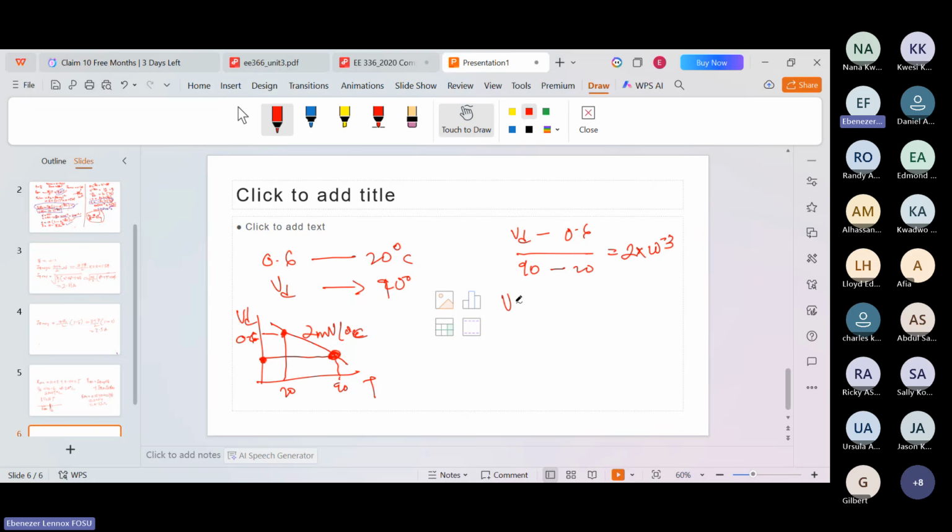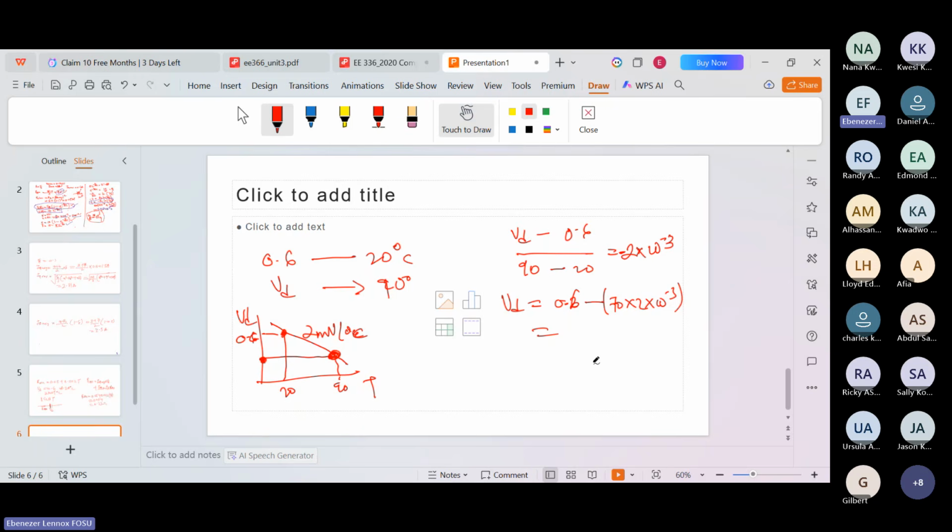When you make VD the subject, you're going to get 0.6 plus, 90 minus 20 is 70, 70 times 2 times 10 to the power minus 3. Sorry, is it plus? Sorry, this is negative. The slope is negative because it's decreasing, so you get a negative value.